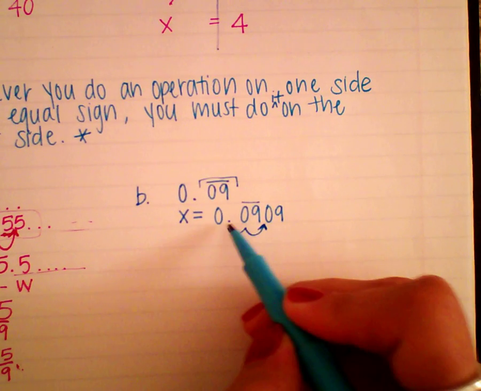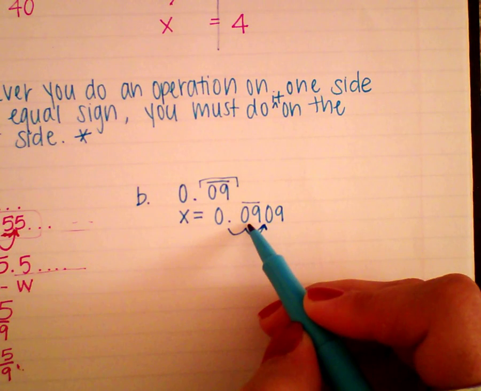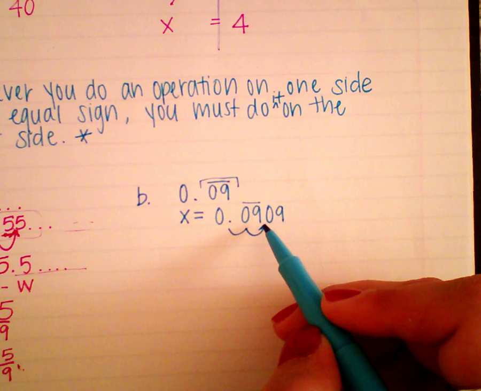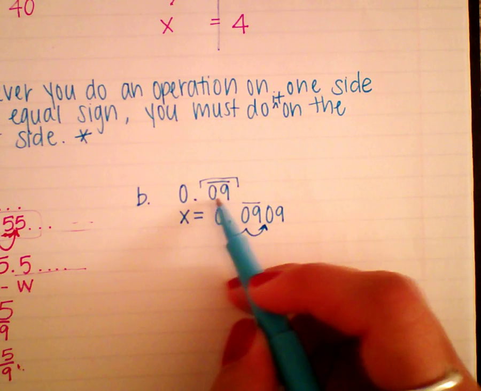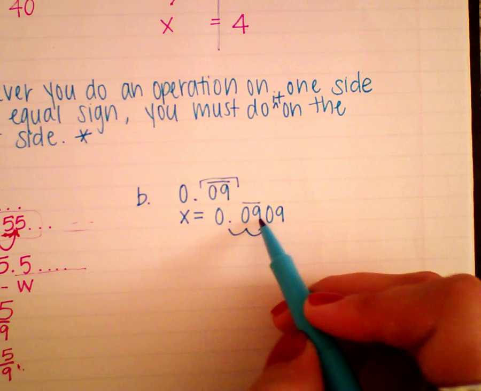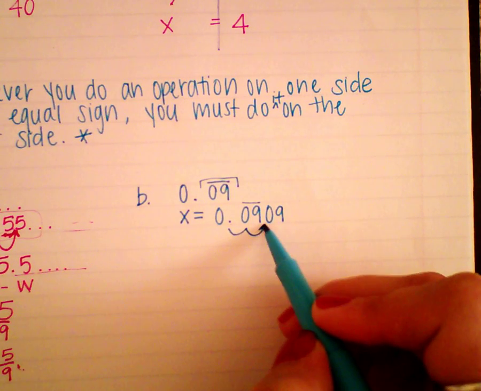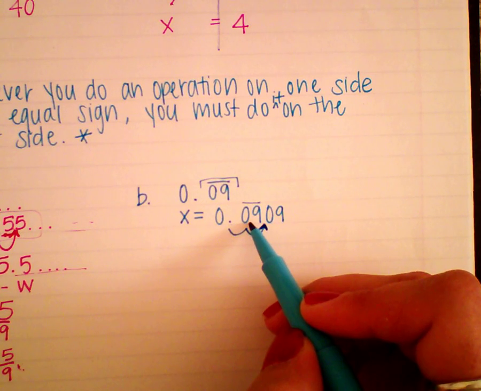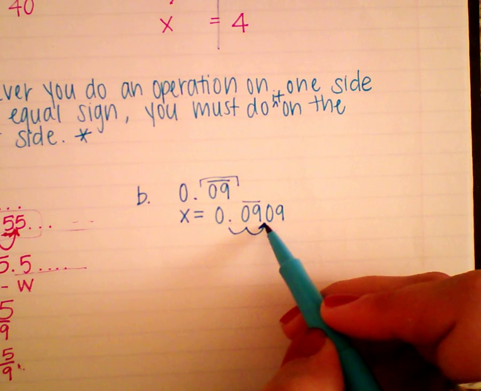So am I only moving one decimal place here? No. I need to move 2 decimal places. I need to get all the way past where it's repeating. Remember the original, 0.09. So this would be 10 to the first. So this must be 10 to the second, or 10 squared, or 100.